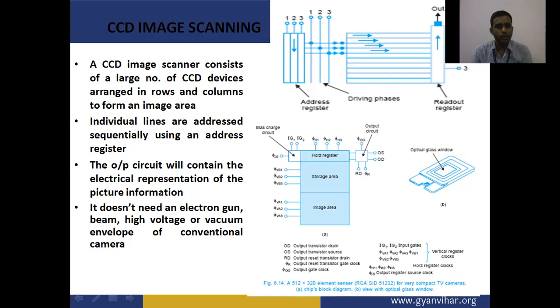Individual lines are addressed sequentially using an address register. The output circuit will contain the electrical representation of the picture information. It does not need an electron gun, high voltage, or the vacuum envelope of a conventional camera.